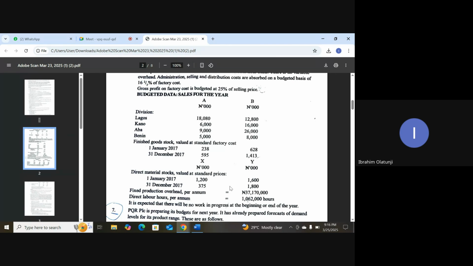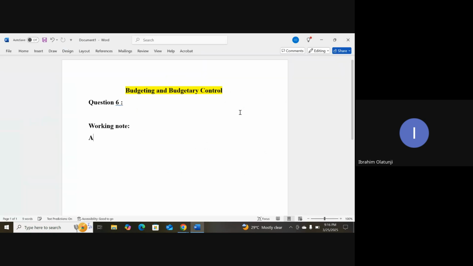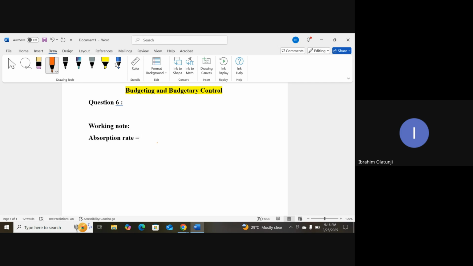If we want to look at the absorption rate, because we are told that fixed production overhead is absorbed on direct labor hours, on what basis is the absorption rate? On the basis of production overhead.